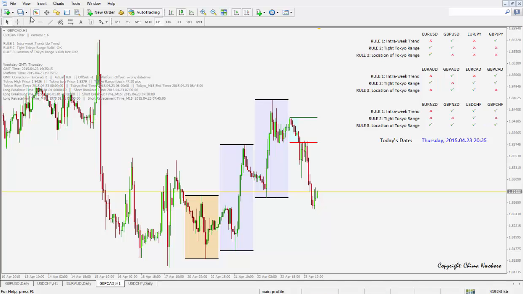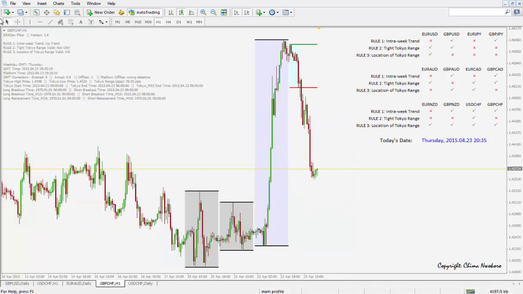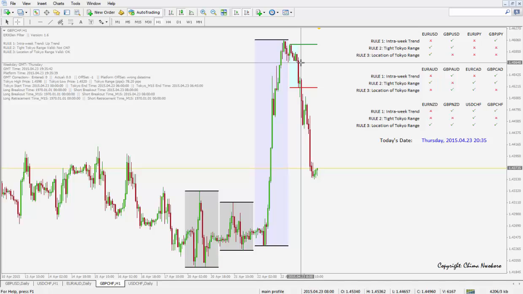Next, GBP CHF, similar conditions. At 7 a.m. UK time, price would have been around this point, which meant we had a tight Tokyo range, and price was above the top 30% of the previous day's range.